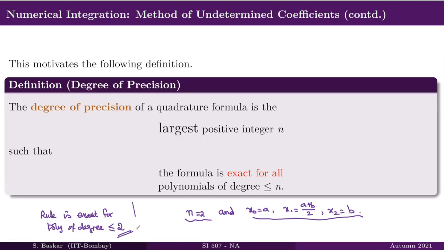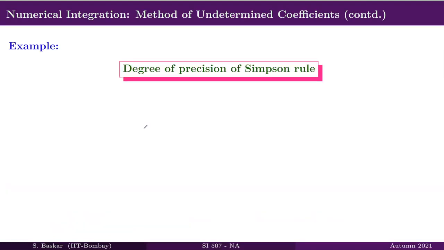From the way we constructed Simpson's rule, we may guess that the degree of precision of Simpson's rule is 2, right? Keeping this in mind, let us compute the degree of precision of Simpson's rule. Let me explain the procedure of obtaining the degree of precision of Simpson's rule in this example.